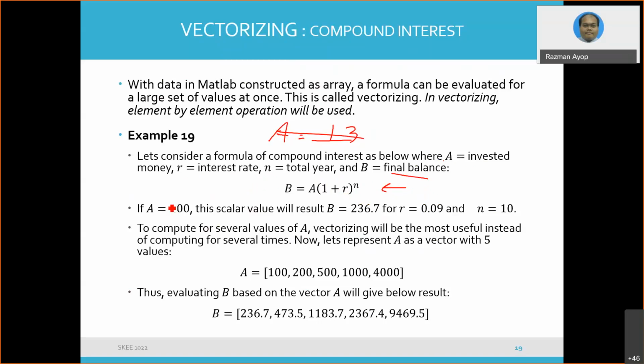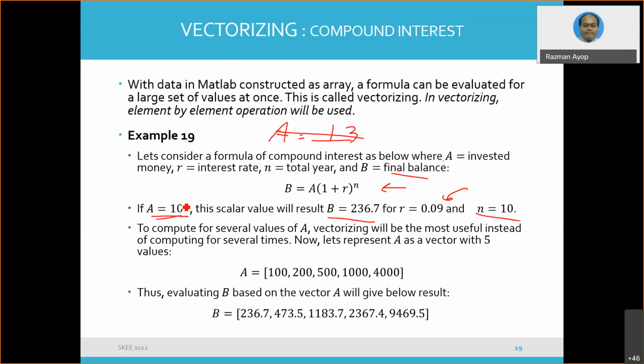For example here, you have invested 100 ringgit, and the scalar will result in this. The interest rate is 9% for 10 years.